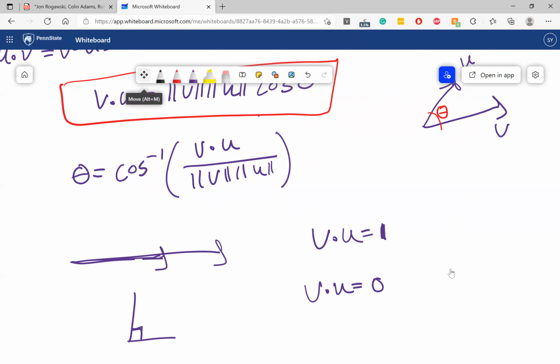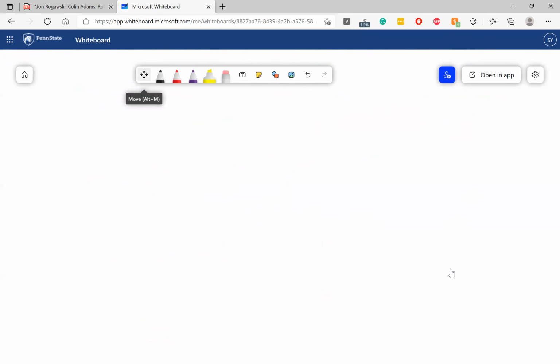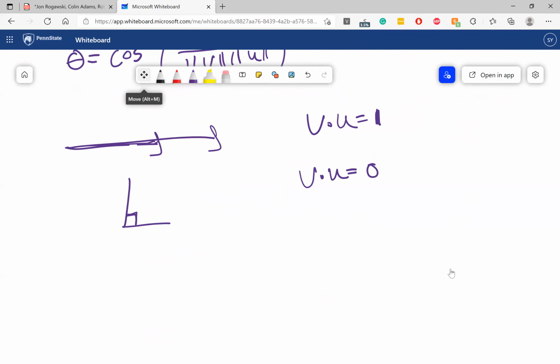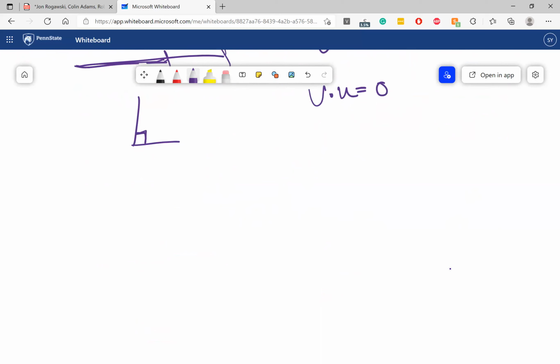Now, the next thing, so that's the first thing that we can do with the dot product. And another thing that we mentioned is if your angle between V and U is acute, then, because when they're orthogonal the angle is pi over 2, when it's smaller than that, the dot product is going to be positive.